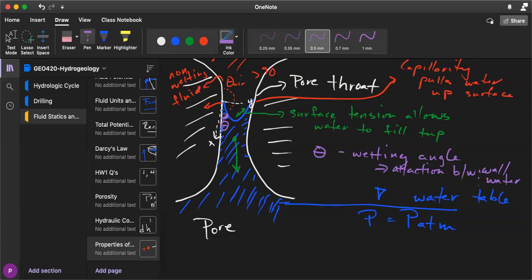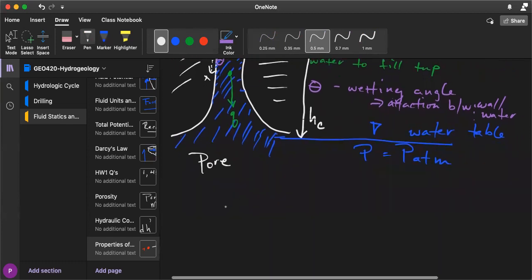It is a measure of the force with which water wants to pull itself up, and surface tension is how well it'll keep itself together, and then gravity is pulling down on it. So the height of the capillary rise, HC, this height above the water table that the fluid will pull itself into a pore, is a function of the balance of these forces.